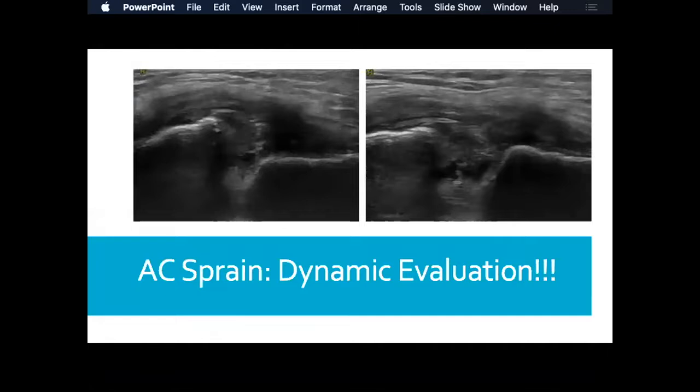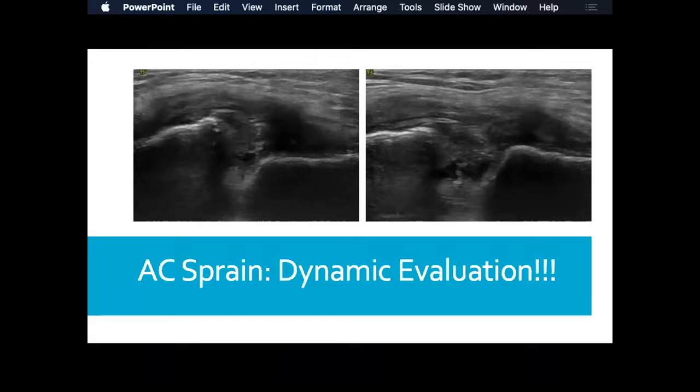Once again, this is something that you can look at with x-rays. Unless it's a more significant sprain, it's hard to see sprains or tears of the AC joint on an x-ray. But with dynamic evaluation, you can do something called ballottement of that joint, where you have one hand pressing down on the clavicle, and then the arm is adducted at their side, and you lift up on the elbow, and that's going to stress that joint.